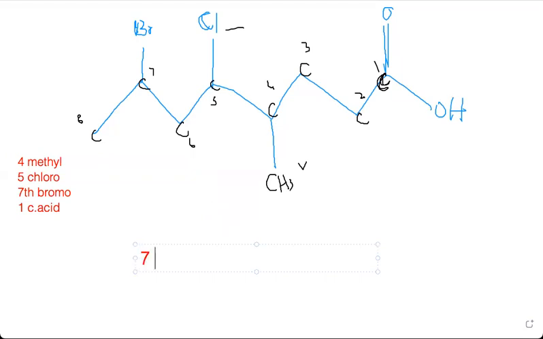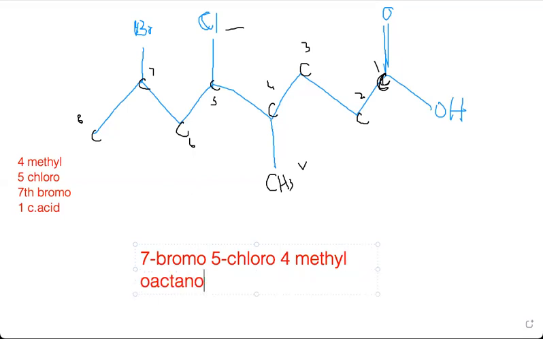So 7-bromo. Yes, 7-bromo. Then after that, 5-chloro, 4-methyl. Yes, 4-methyl. You can see I'm not going according to the numbers. 4-methyl. Anything else? No. Then this is octane, octanoic acid.